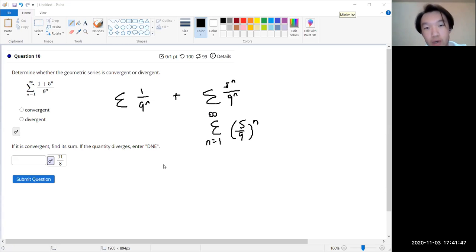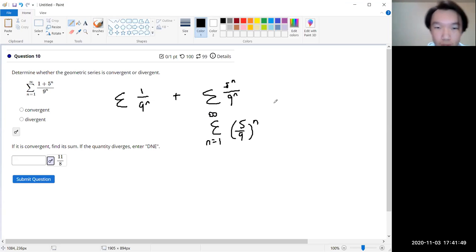Actually, this is not quite in the form yet. So whenever you have an index that starts at 1, you want to change the exponent to be n minus 1. So this is actually not in the form yet. I would probably just do an index shift.